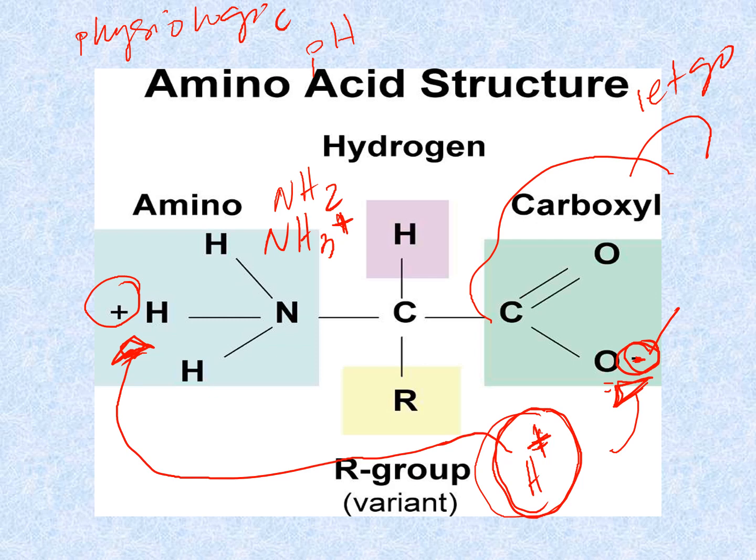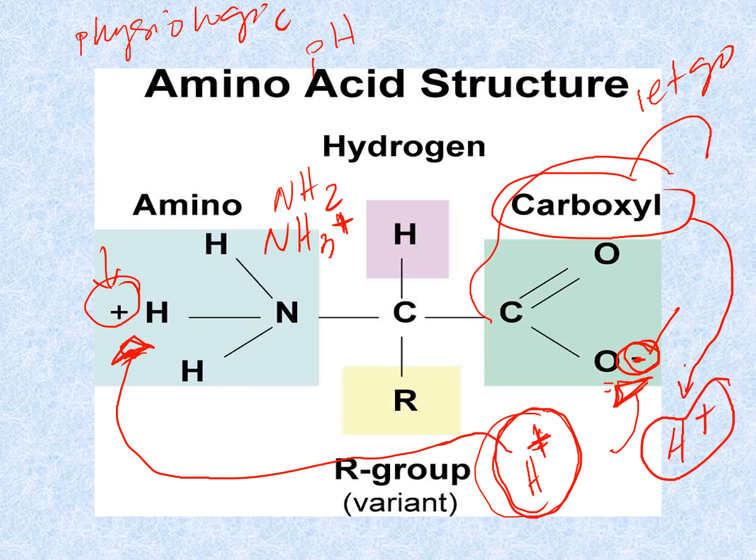There is an excess of positivity here, so your amino group carries a positive charge. So remember that in physiologic pH, your carboxyl group's normal behavior is to let go of one hydrogen atom, and the normal behavior of your amino group is to accept a hydrogen atom. Accept, let go.